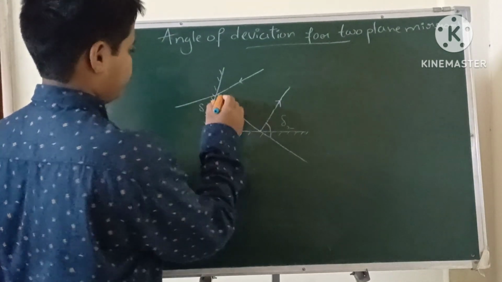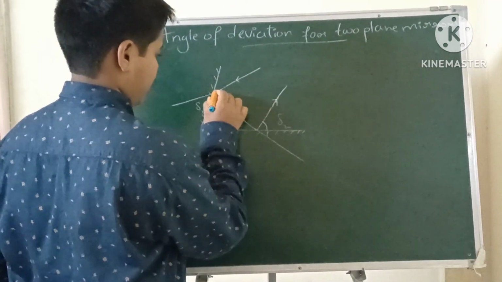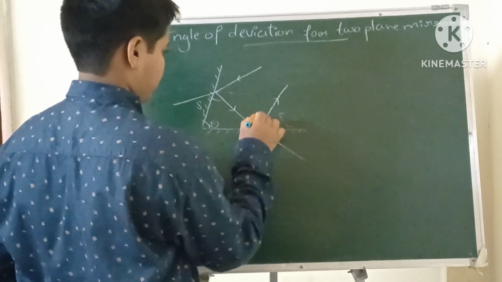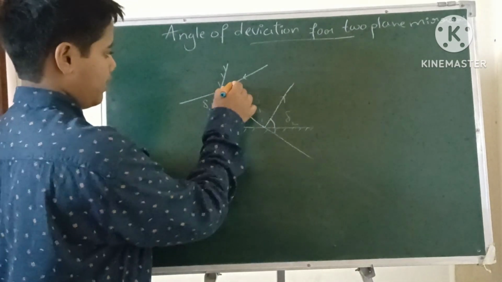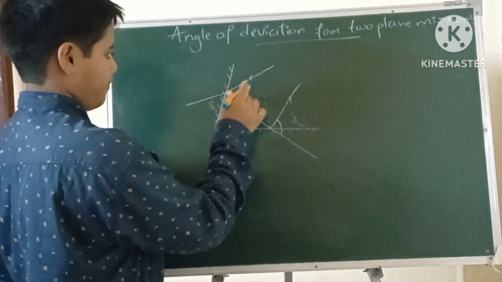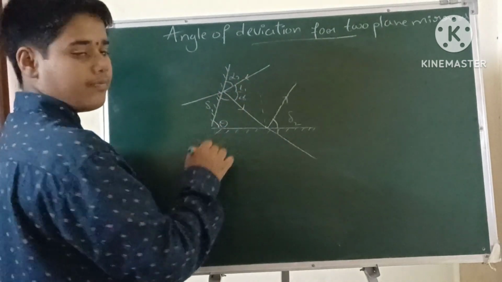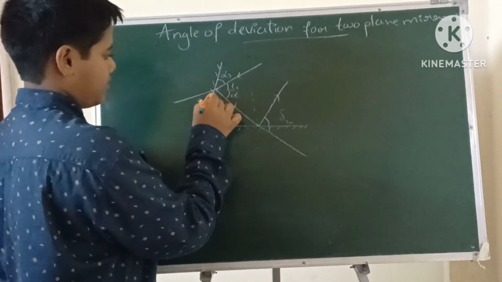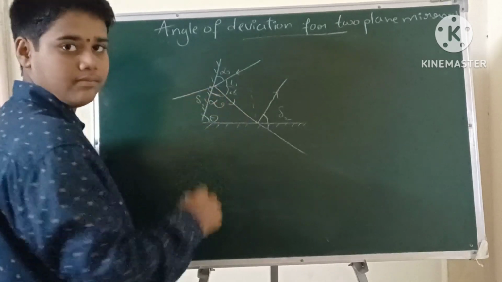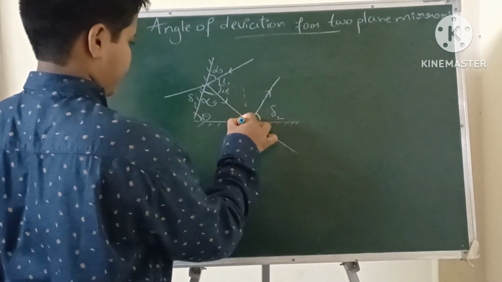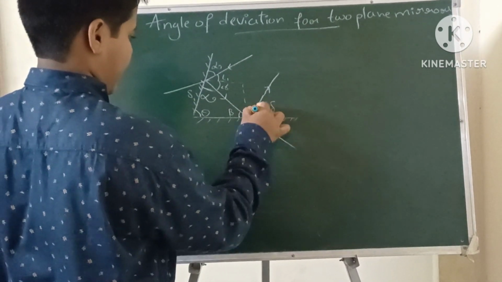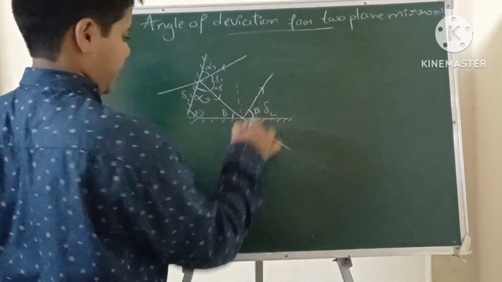So this is normal and this is also normal. Angle of incidence, angle of reflection, this is alpha and this is also alpha. I am taking this as beta and this also beta.